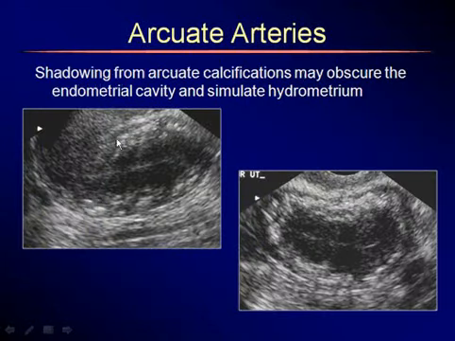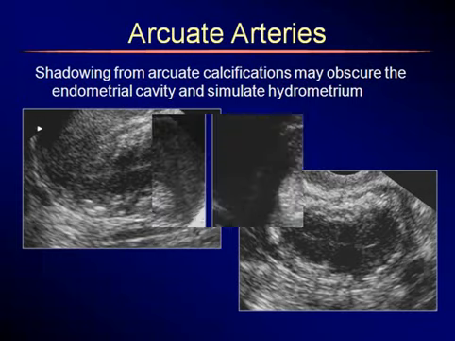Now, sometimes the calcium is dense enough that it can cause acoustical shadowing, and that may cause so much attenuation that it may actually obscure the endometrial cavity line, and sometimes may even fool you and simulate a hydrometrium. In this patient, you can still barely make out the endometrial line, but in some patients it looks like a hypoechoic center and should not be mistaken for a hydrometrium.